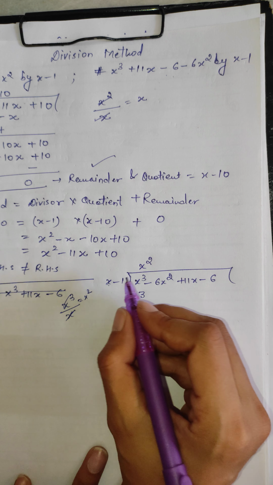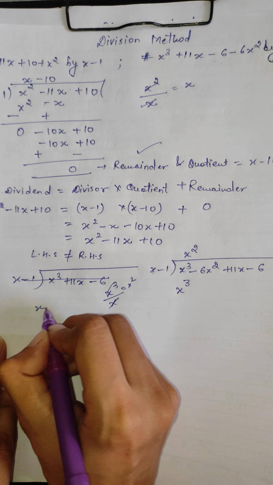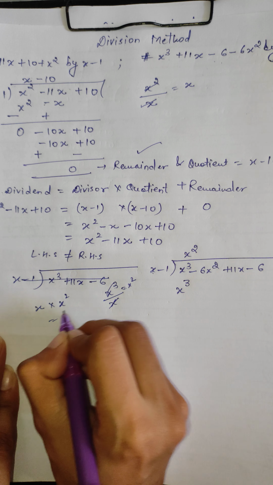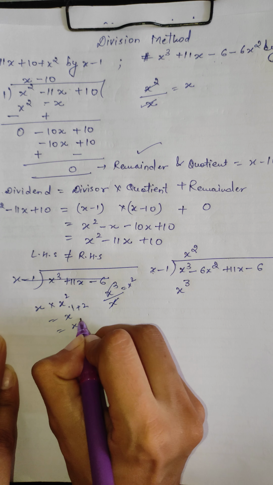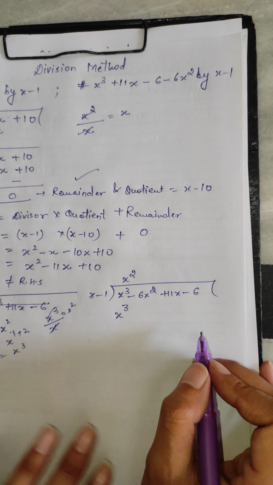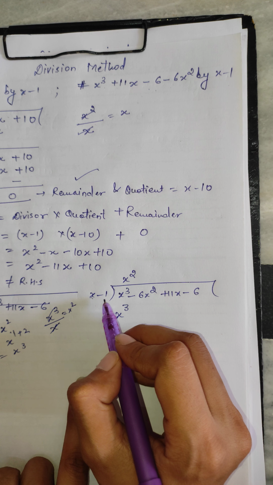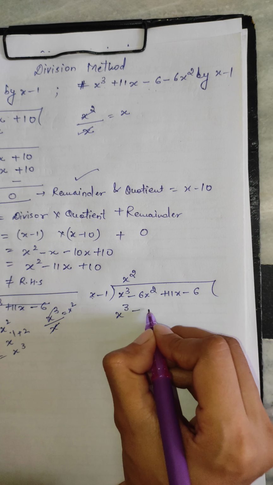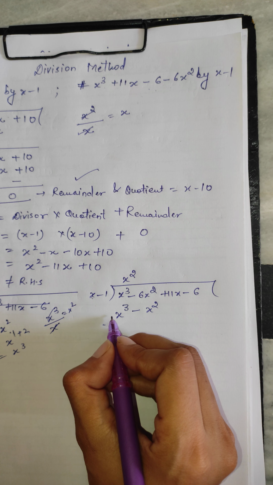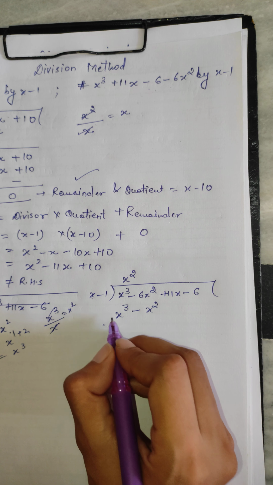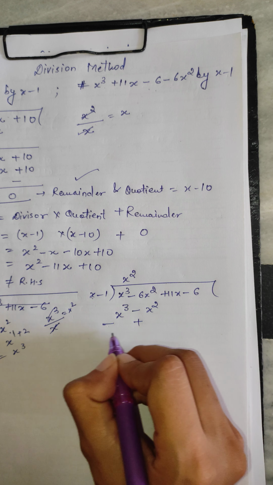As the bases are the same, for example x multiplied by x square, the bases are same, in multiplication the powers get added, it becomes x cube. Now here it is x cube. Now we need to multiply this x square by this minus 1, it becomes minus x square. Again the sign changes. Here we have positive sign, so the sign changes to negative and the negative sign changes to positive.